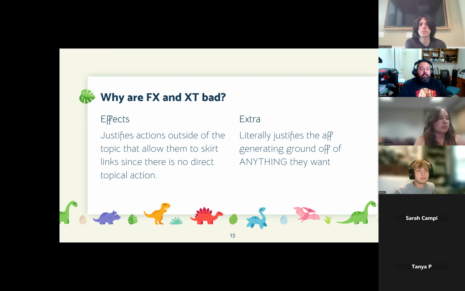Extra topicality is bad because it literally justifies the aff generating ground off of anything they want. The way that I've always explained this to judges is they get to add words to the resolution, which is inherently the single most unpredictable thing they could do and the single most exploitative thing for their ground. We're going to talk about a concept later, quantity of ground versus quality of ground.